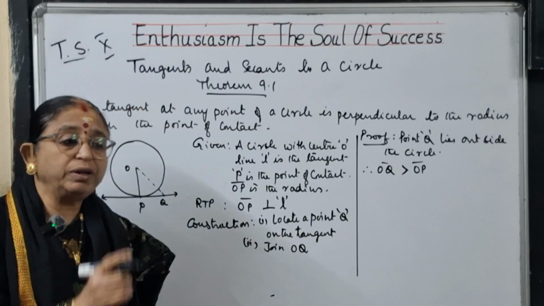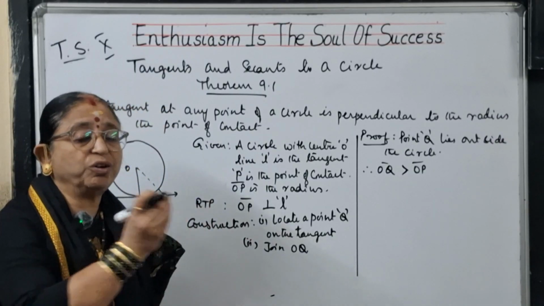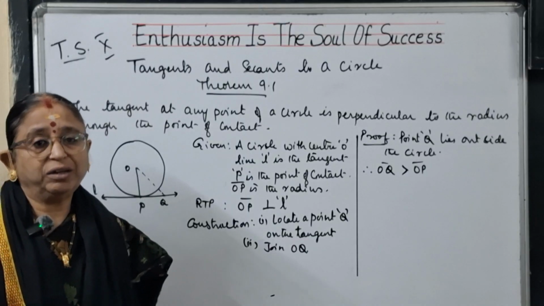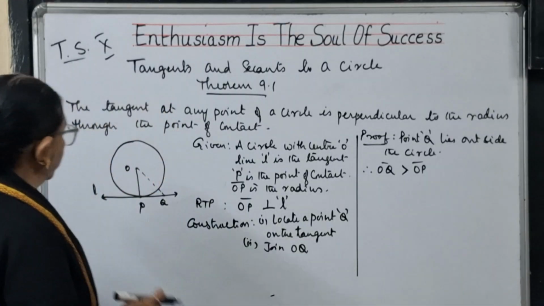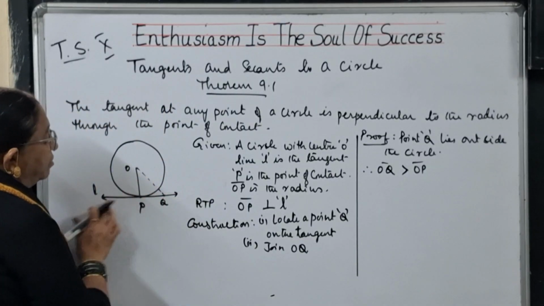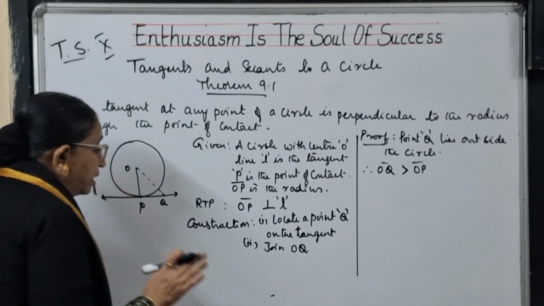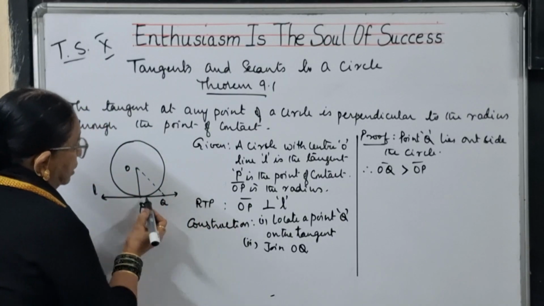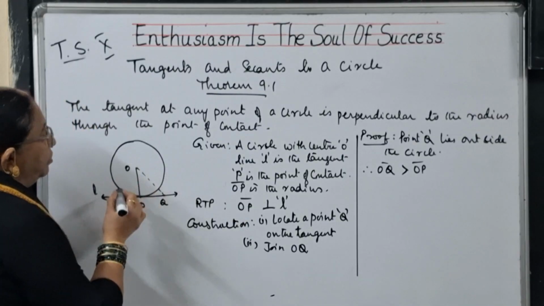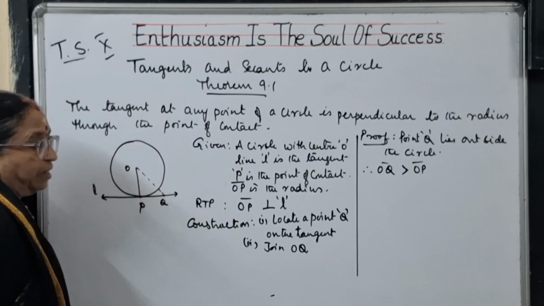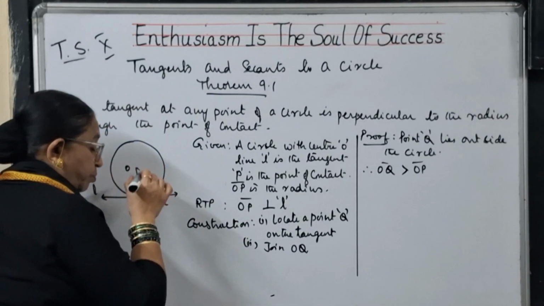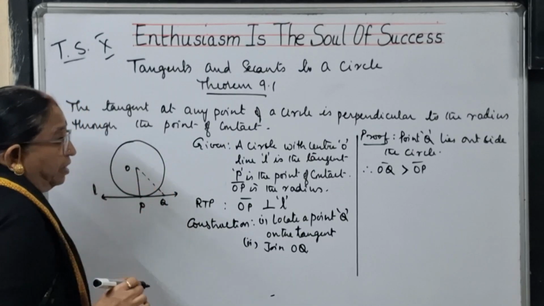Infinite number of points joined together, you are getting a line. So in this case, this tangent has infinite number of points. But in that infinite number of points, it is only point P which is in contact with the circle, intersecting the circle.